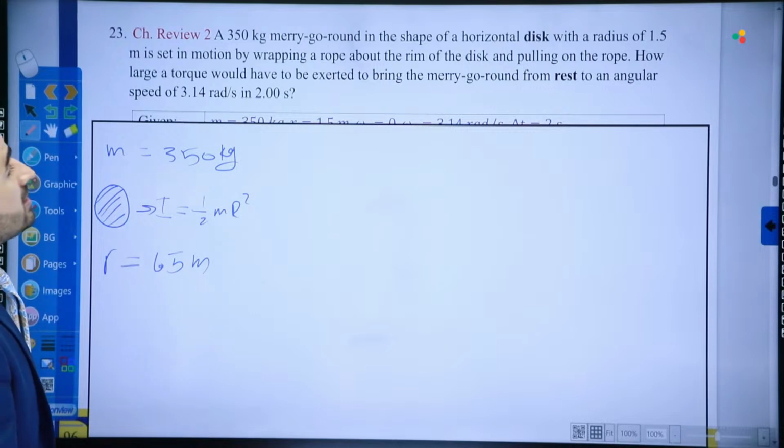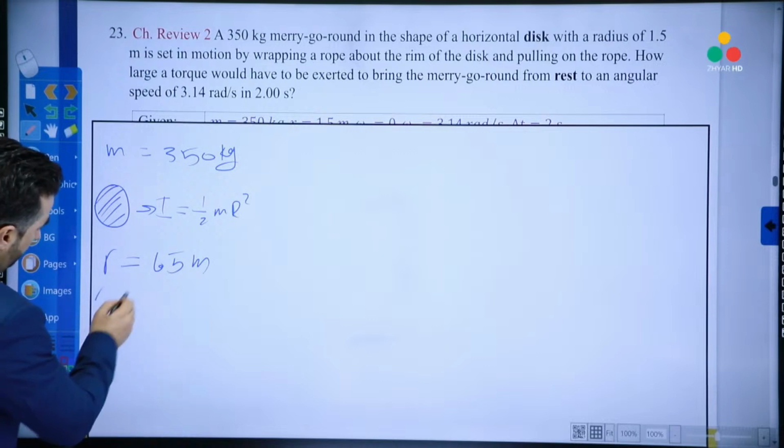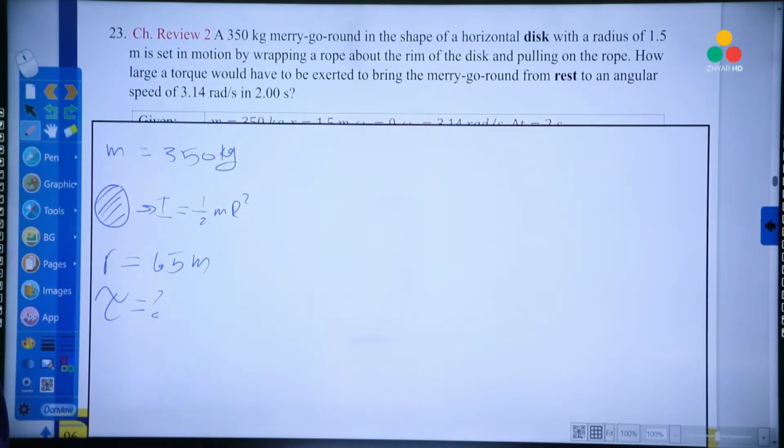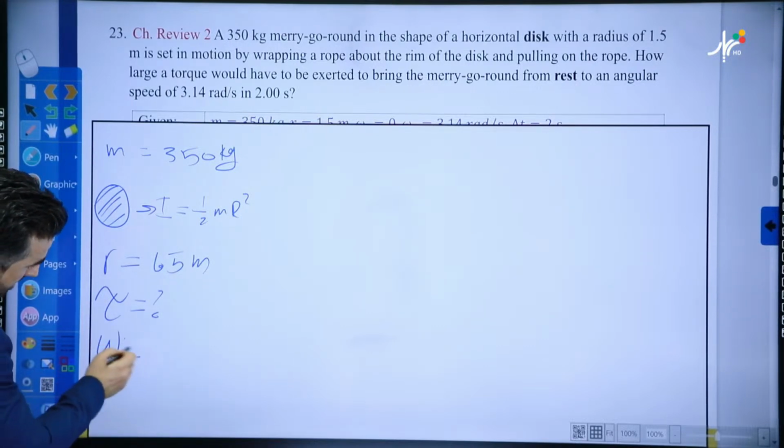The next thing is that it's set in motion by a rope. How large would the torque be? So we need to find the torque. Starting from rest means omega initial is 0.